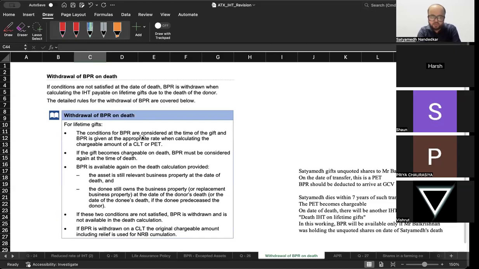If the gift becomes chargeable on death, BPR must be considered again. दो बार consider करना है, but you have to verify whether the asset is still relevant business property at the date of death and the donee still owns the business property or replacement business property at the date of donor's death or the date of donee's death if the donee predeceased the donor. Basically, the property should still be a relevant business property and should be owned by the donee on the date of donor's death. अगर ये नहीं हुआ तो BPR business property relief is withdrawn.